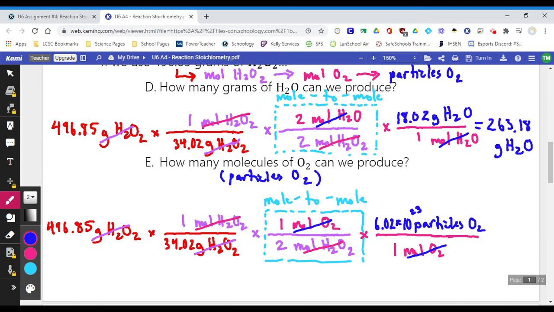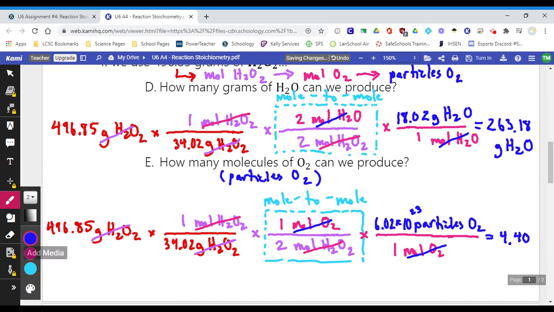All right, what I get, let's see if I can squeeze this in here, is 4.40.